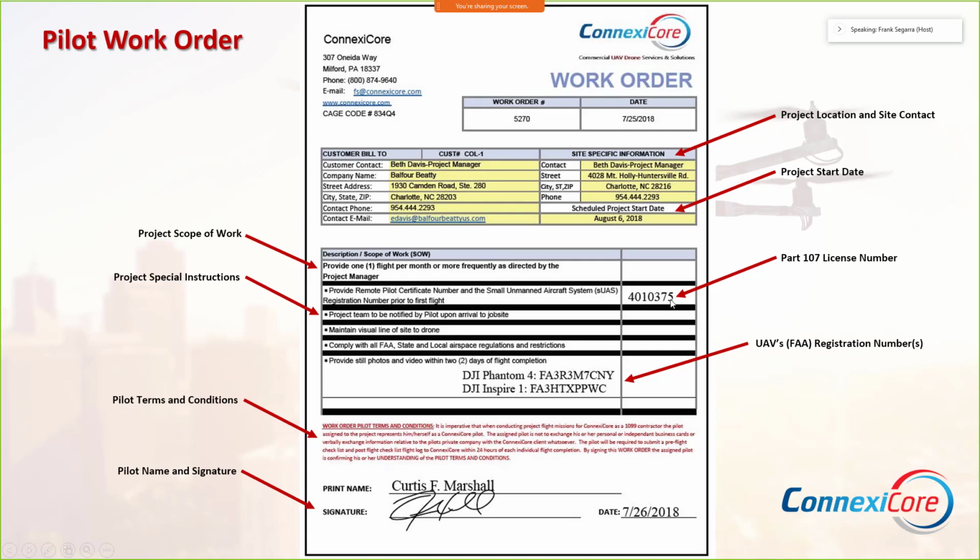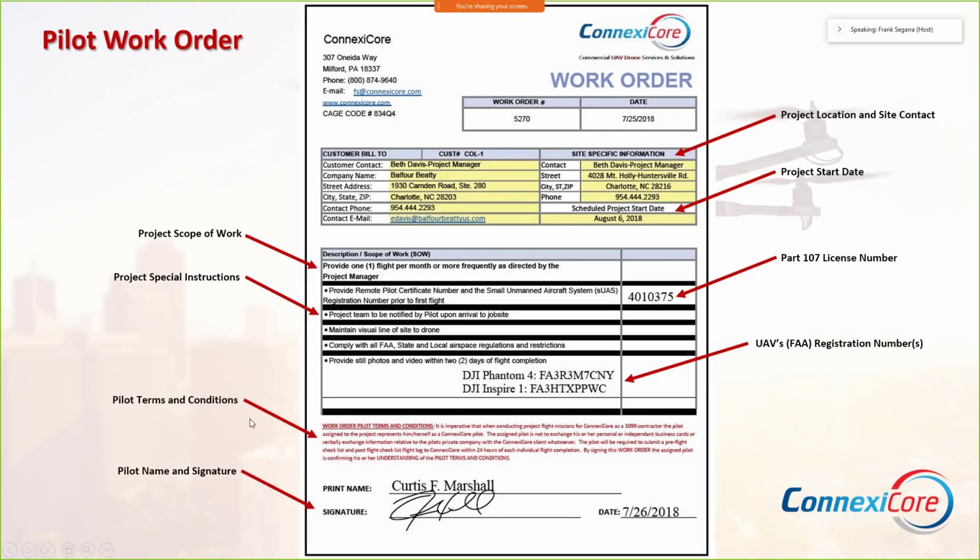On the work order, we ask you to put your 107 license number on each work order that we assign you. And we also ask you to indicate which drones you're going to be utilizing for the project, as well as the FAA registration number for those drones. And this is just for us to keep a good paper trail of what's out there, what's going on.